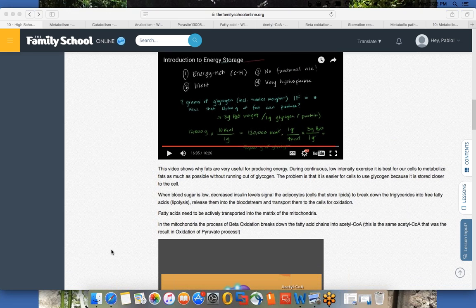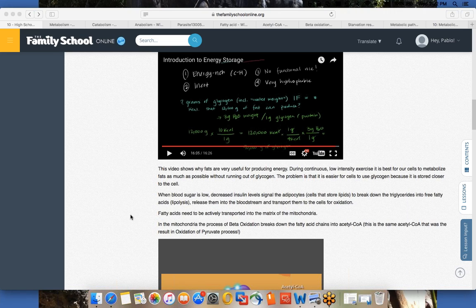I remember vaguely talking about that, but I can't remember exactly what that is. Anyone else remember what it means to actively transport through the membrane as opposed to passive transport?